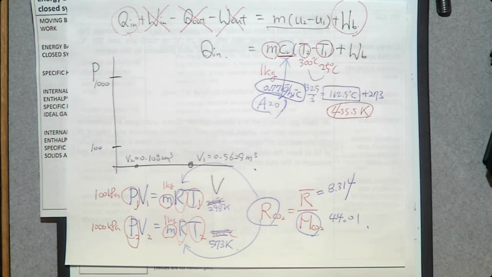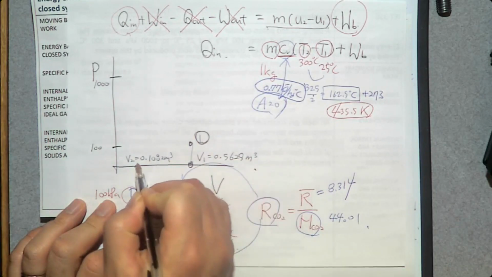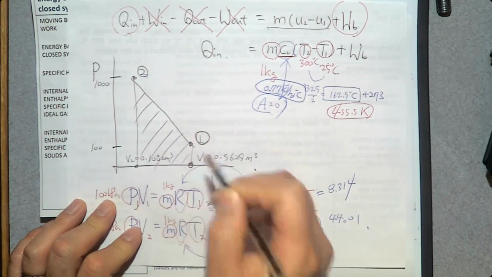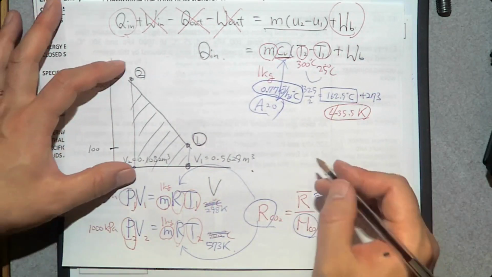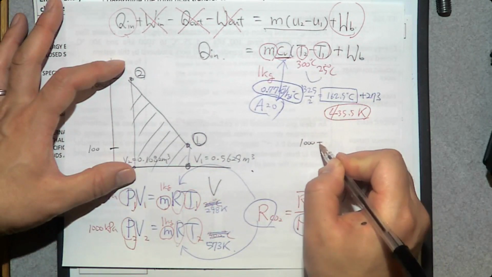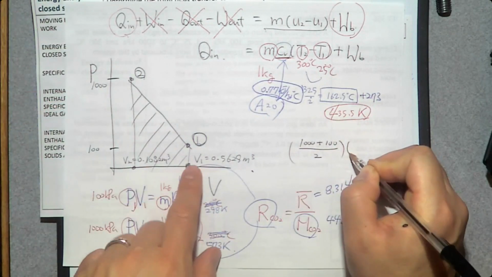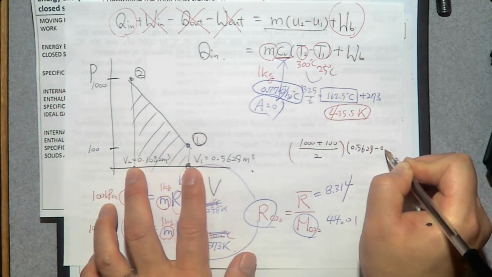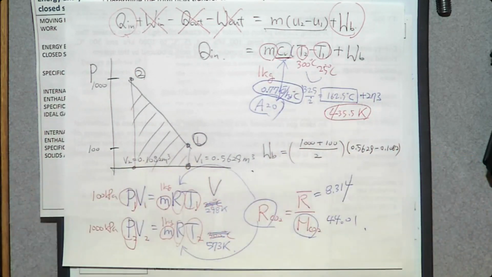And here is the initial state. Here is the final state. So if you calculate the area here, you can determine WB. Then how do you determine the area? 1000 plus 100 divided by 2 times 0.5629 minus 0.1082 is moving boundary work WB.